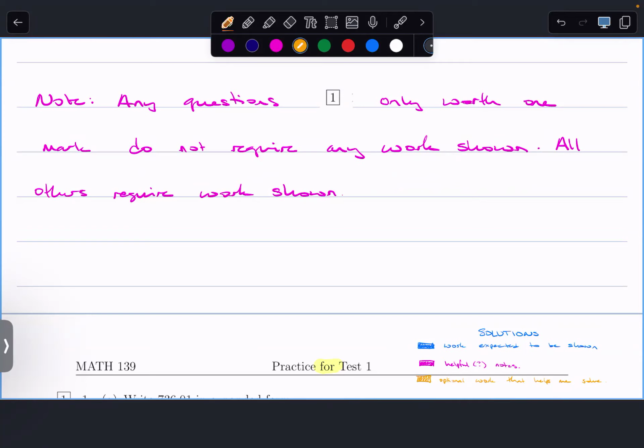So what I mean here, you can use your calculator functions. Just to clarify, use the calculator on everything? That's fine too. That's allowed.